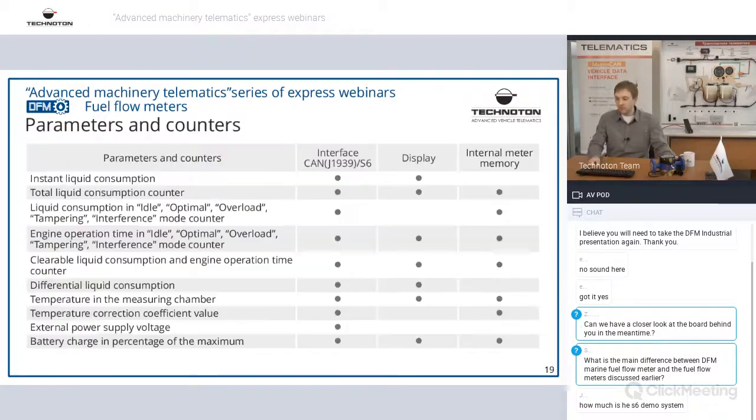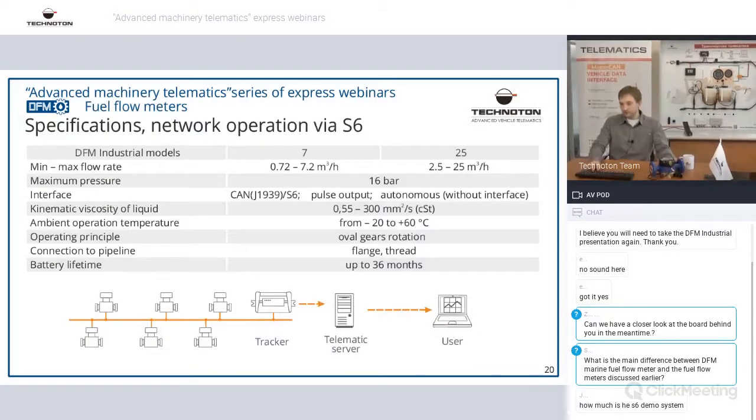Same story, same parameters we can get on DFM Industrial. Okay, so I would also like to point your attention to the kinematic viscosity of the liquid that DFM Industrial can measure. It's usually between 0.55 and 300 centistokes.